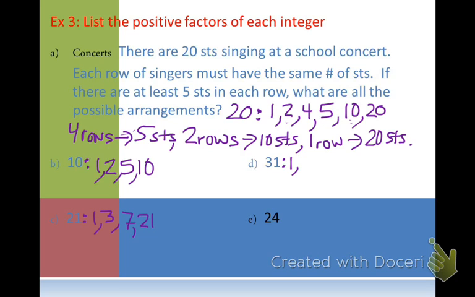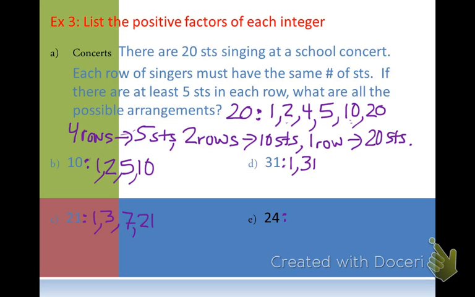Nope. 9? 3 plus 1 is 4, nope. 10 doesn't end in 0. Big chance there's no other numbers except for 31. This means it's a prime number, and that means only 1 and itself can go into it. Composite means there's more than 1 and itself that can go into it.